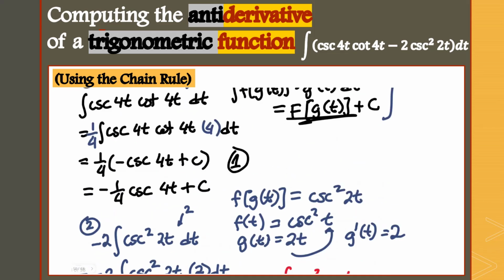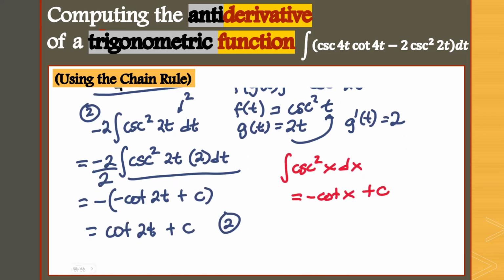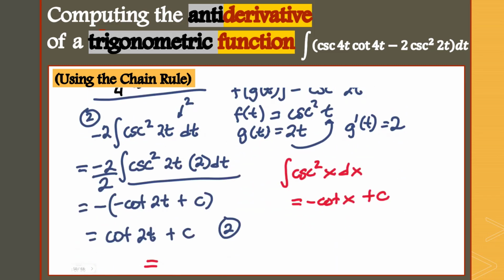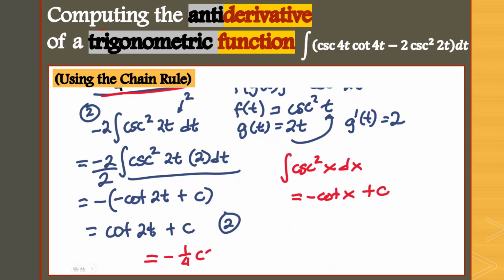So just combining them, we have this first form and this second form. So the result of our entire form here is actually, allow me to use the red one just to represent the final answer. So you have negative 1/4, that's the final answer, right? Negative 1/4 cosecant of 4t plus c.